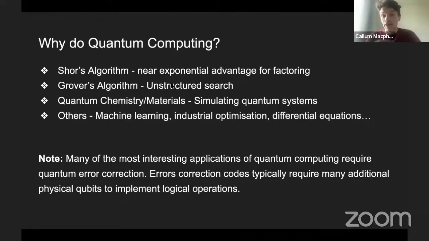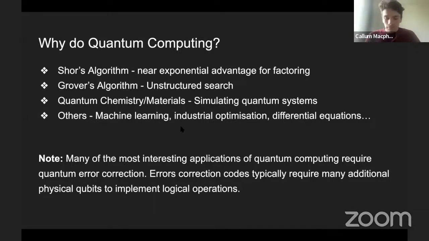It offers a near exponential speedup for the factoring problem, which has led people to think about how this could be relevant for RSA cryptography. There's also Grover's algorithm, which is an algorithm for unstructured search problems, and many algorithms for quantum chemistry and material science, and some algorithms which fall into the other category of machine learning or optimization and so on.